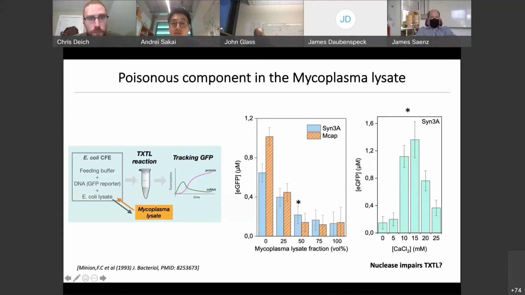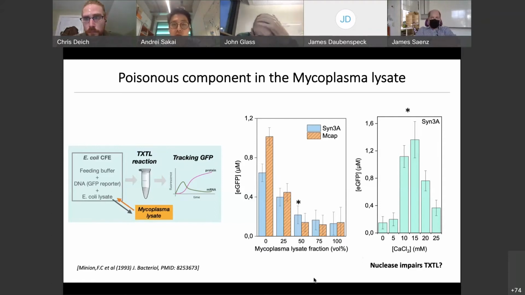And as we increase the fraction of mycoplasma lysate, you can see that the expression of GFP decreases over time. So for sure, we saw with this experiment that there's something wrong with the mycoplasma lysates that's just shutting down transcription and translation here.